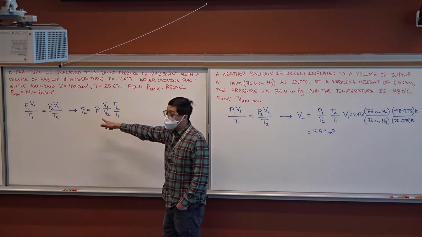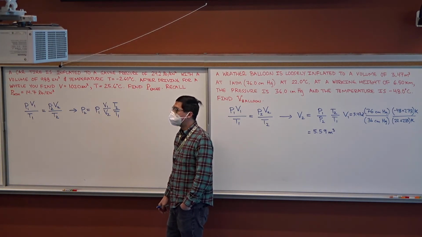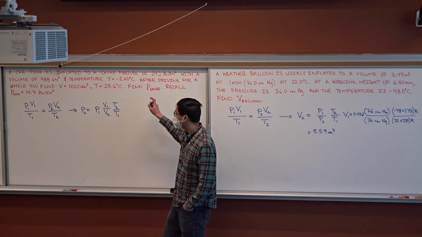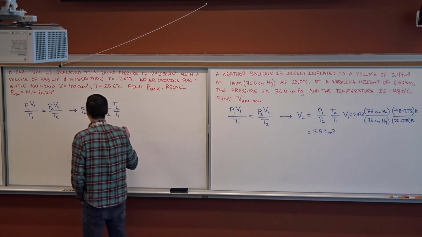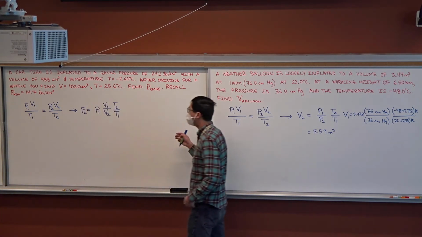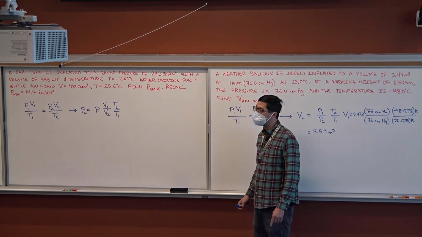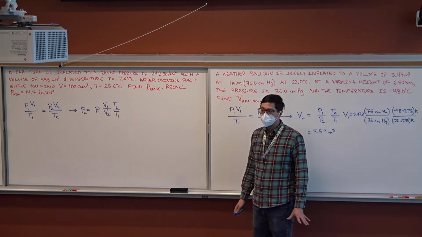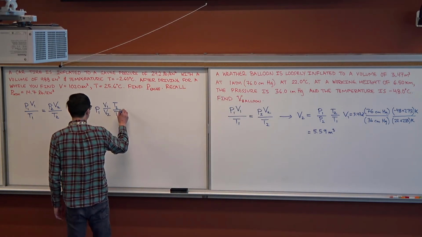But these are absolute pressures, remember, so we need to turn this back into a gauge pressure. After we find P2, we also want to reference this back to a gauge pressure, so we want to take away the atmosphere.